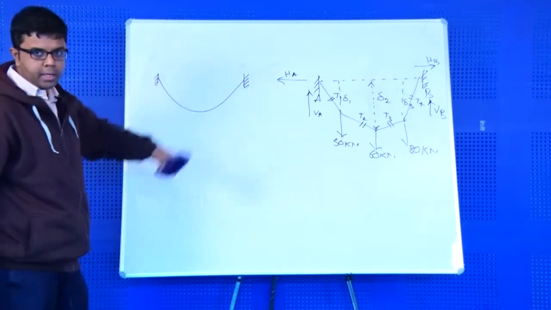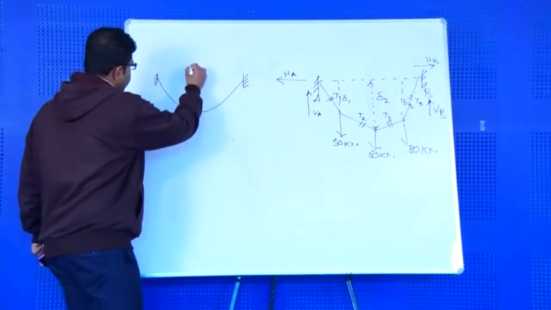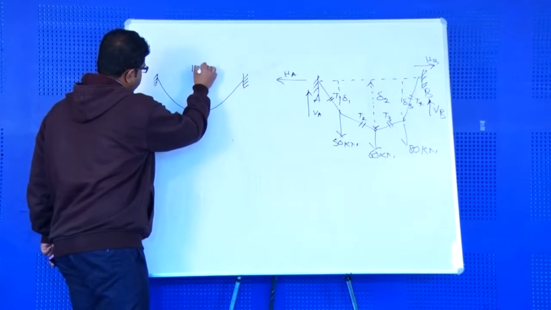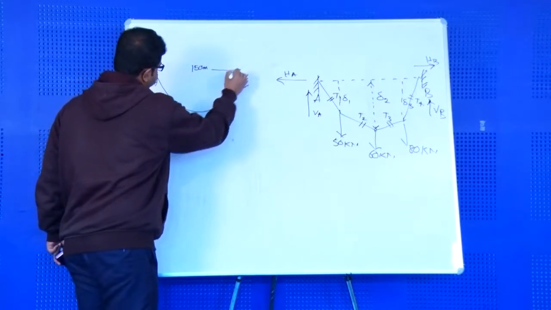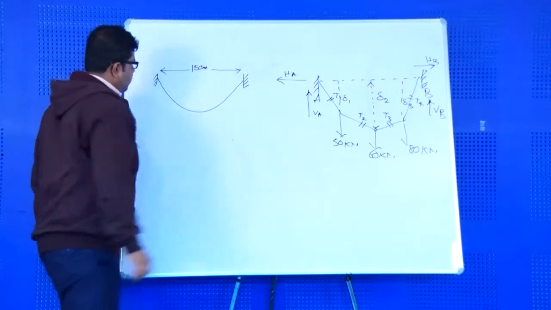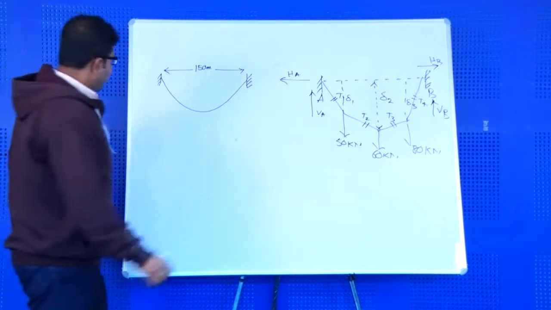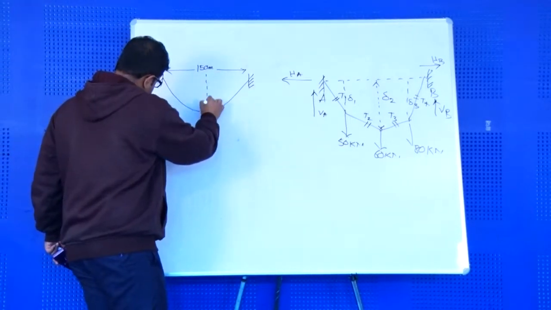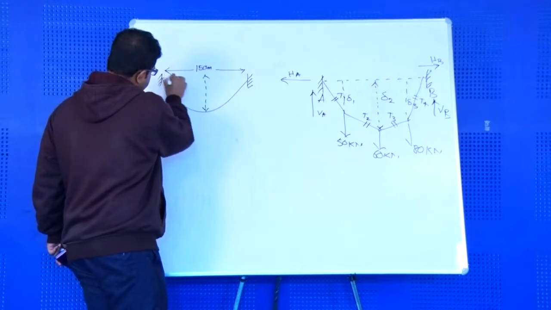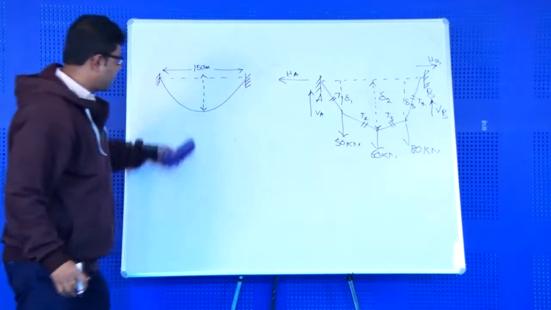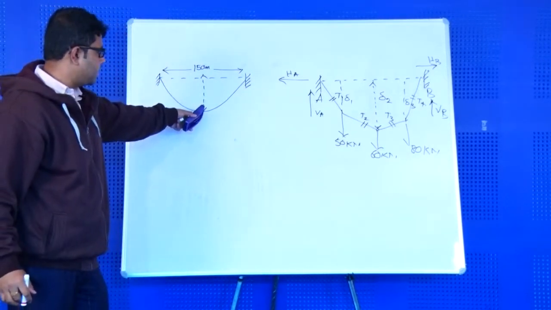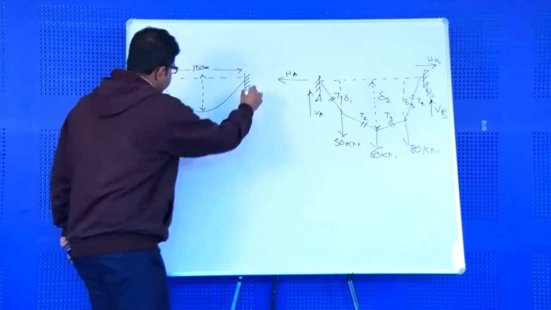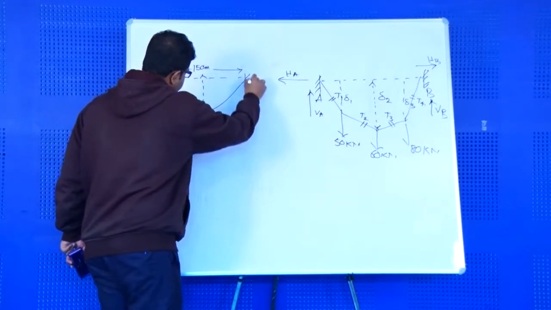Let us suppose the length between the supports is 150 meter, and the maximum depth of the cable, from the center line of the supports to the maximum depth of the cable, is 10 meter.